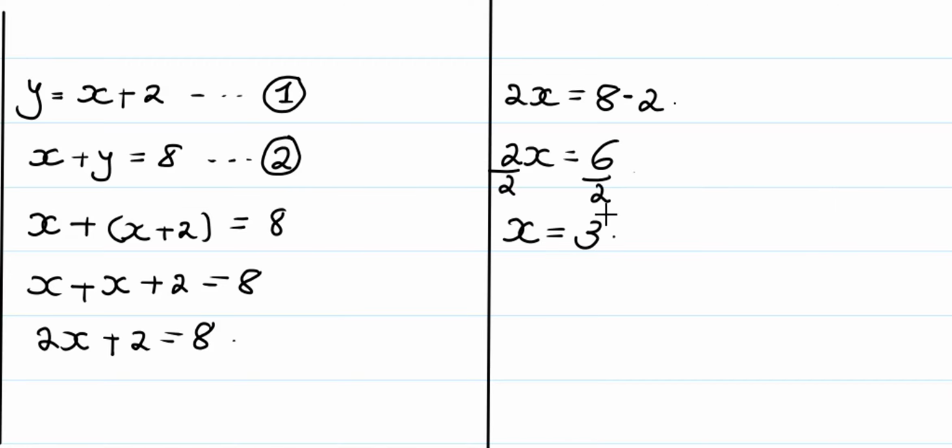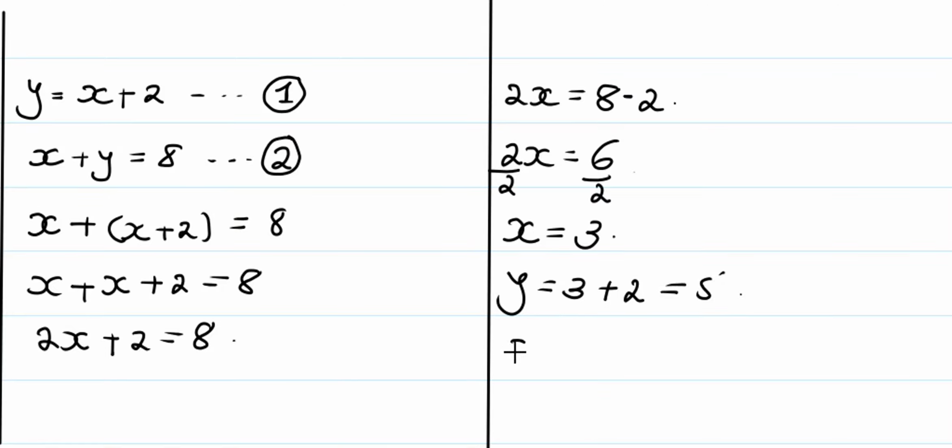Then to get y, we can pick equation 1 or even equation 2, and in any place we have x, we replace it with 3 so that we can get the value of y. So we pick equation 1: y = x, but we know x is 3, plus 2, which is 3 + 2 = 5.